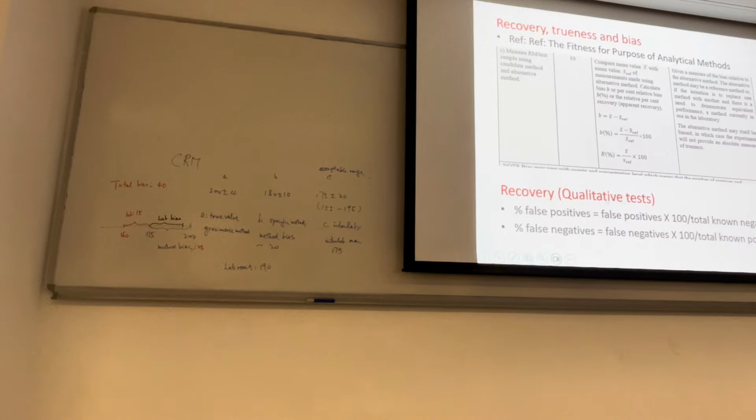So for a qualitative test, we don't have recovery, but we will determine the false positive and false negative percentage. So the total non-negative and then the false positive times 100% will give you the false positive. And then the other way round.